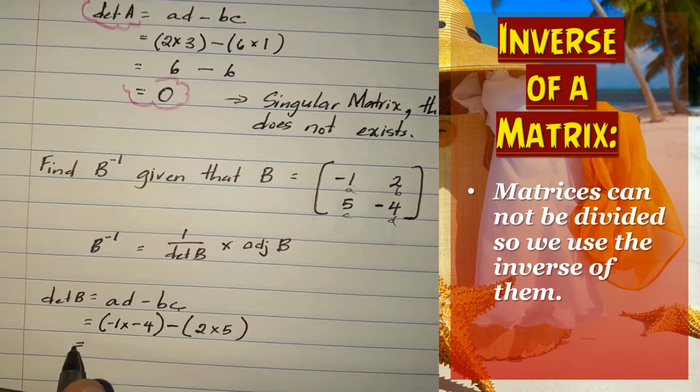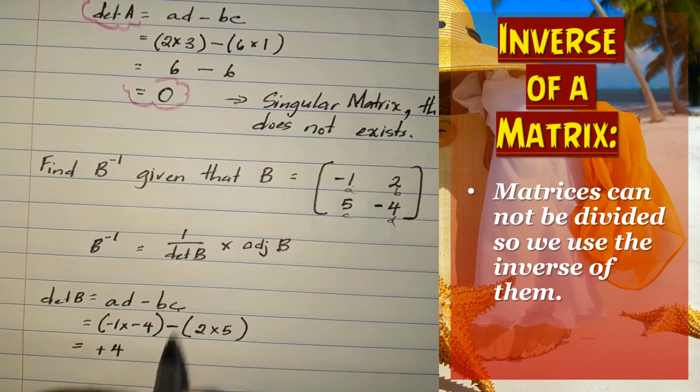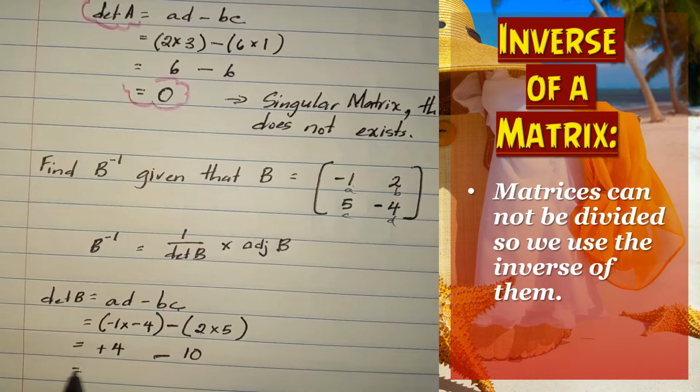Then I'm going to work it all out. Negative times negative gives me a positive. 1 times 4 is 4. Something says subtract, so I'm going to put back the subtract. And then 2 times 5 is 10. So we have 4 take away 10. So we're going to end up with a -6.